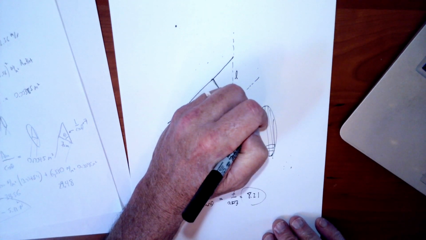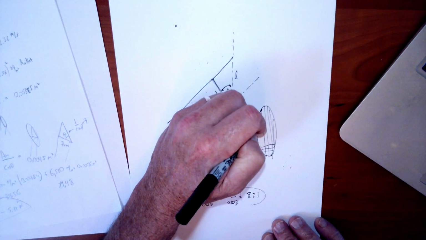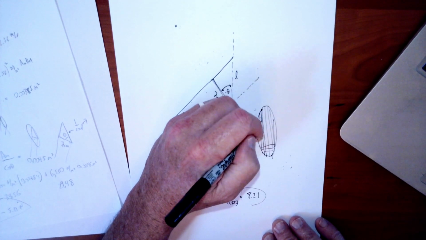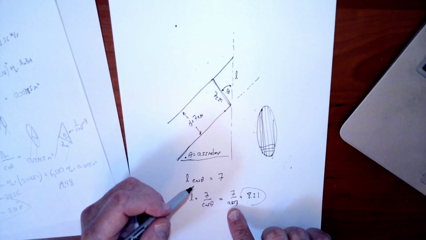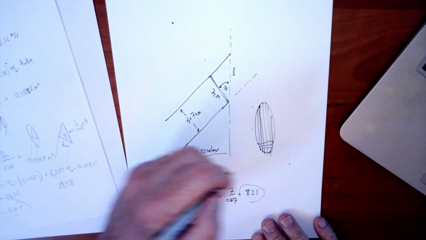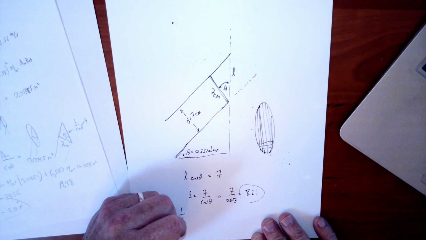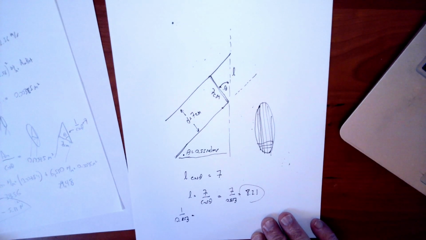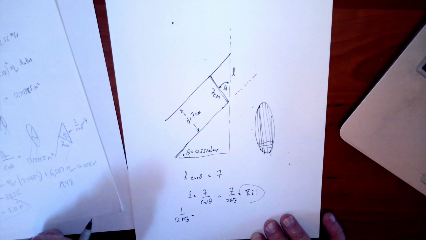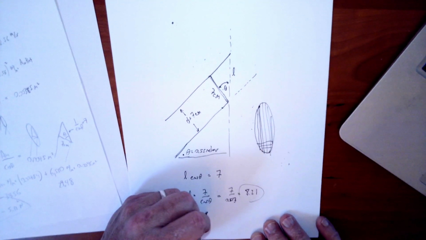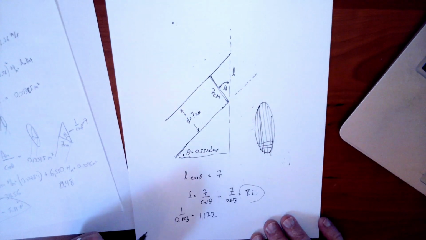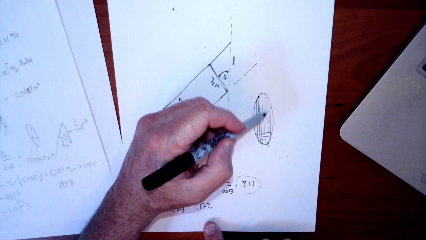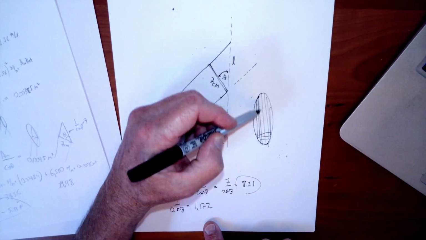So if you think of this as little slivers of area, each one of them is going to be longer than it would be for a circle by a factor of 1 over 0.853. So 1 over 0.853 is 1.172. 1.172 is the increase in length of each one of these pieces of my area.